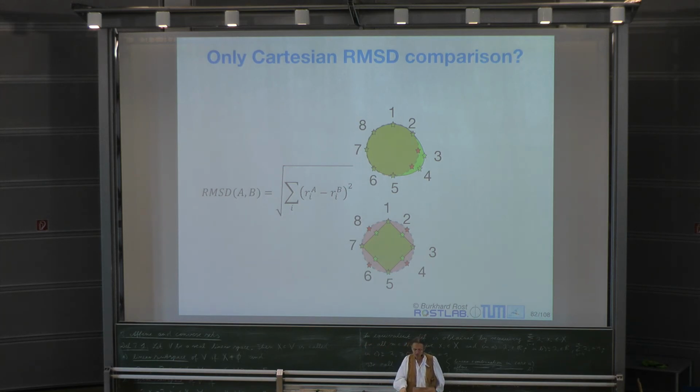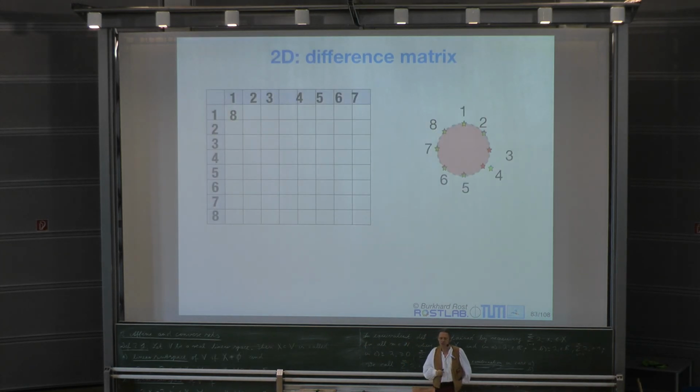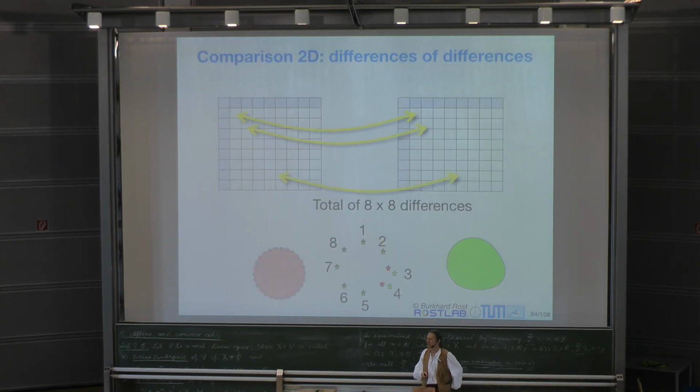Looking at internal features, such as, for instance, a 2D distance matrix, is another thing. So I now replace the coordinate points by a matrix. For every one of these residues, one protein I have 8, another one I have 7, and I replace the alignment in 3D structure and doing an RMSD by a matching of the 2D maps of the two proteins.